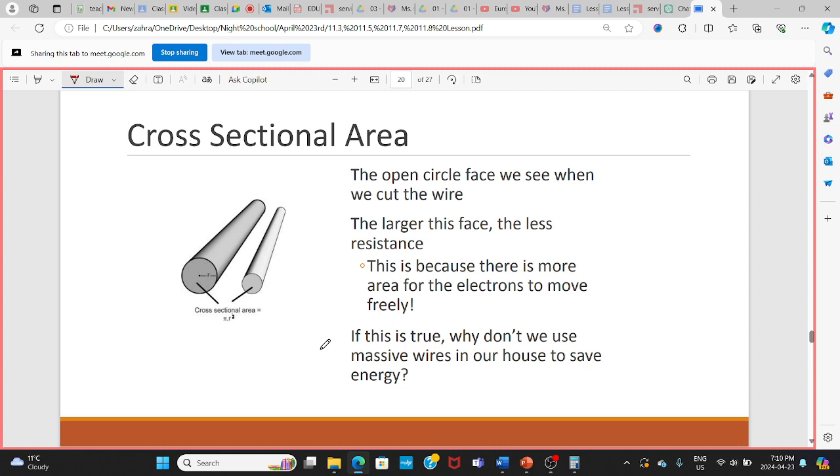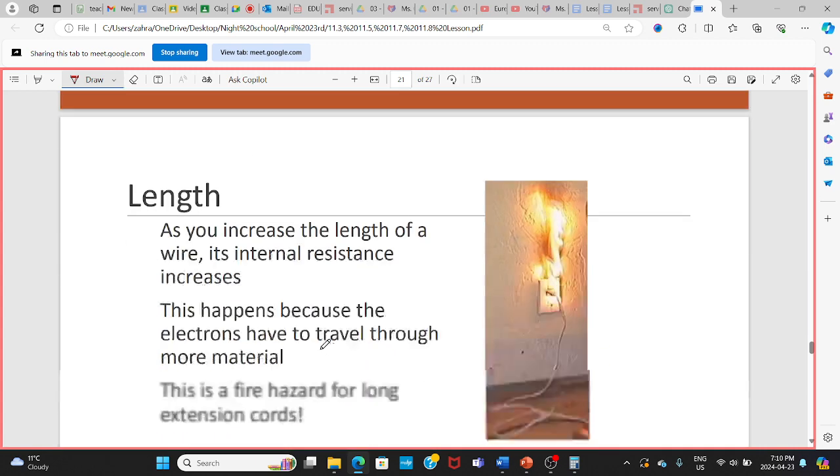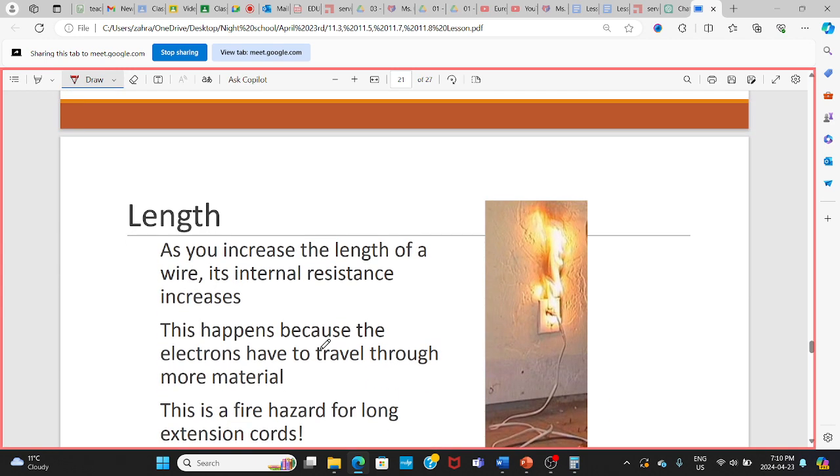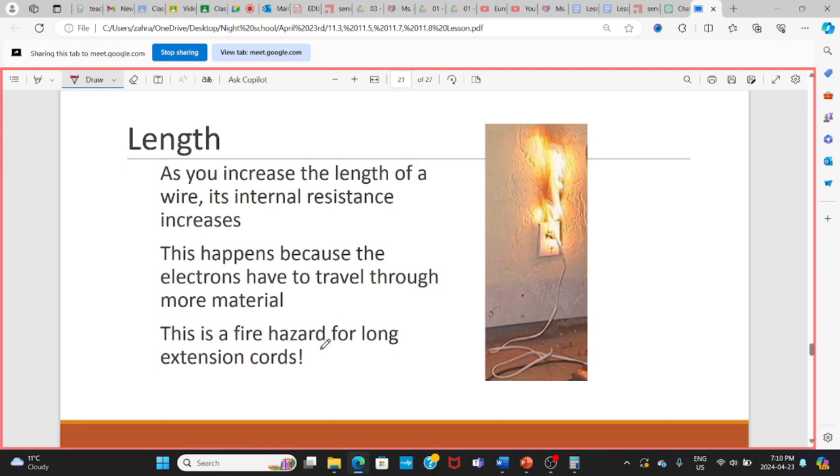Okay. It could also be dangerous because the cross section is huge. Okay, length. The longer the wire, of course, the more resistance it has, because the path that the electron is moving through is bigger, so it's losing more energy, right?